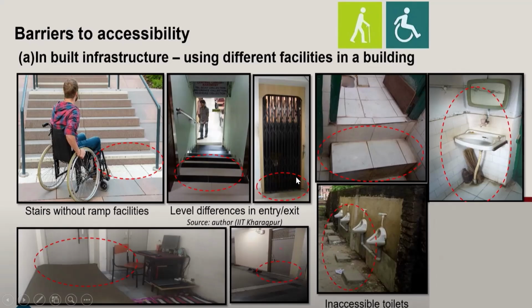See, there is a lift, but the lift door is very small and cannot be accessed by a wheelchair person, because whenever we provide facilities for wheelchair persons, the minimum width of that door should be 1200 mm. So there is no possibility to cater to the wheelchair person inside the lift. Then again, inaccessible toilets, inaccessible urinals, basins also.